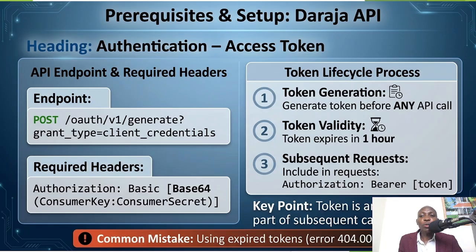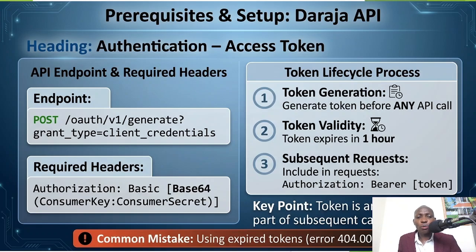I explained to you that for the majority or all of the M-PESA APIs, you have to call them with the help of an access token. Without that access token, it will be rejected. You get that access token with the help of the consumer key and secret. So, the API endpoints and the required header.